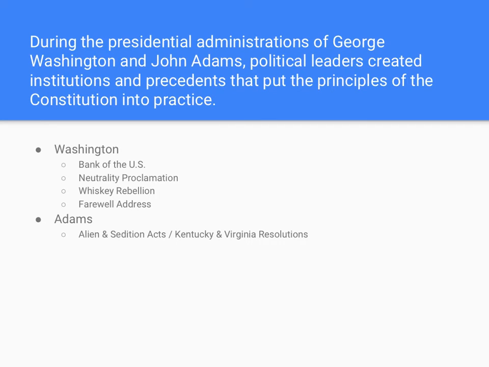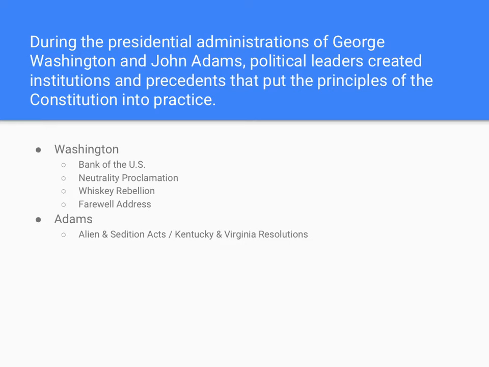Once the Constitution was ratified, that didn't mean that the conflict was ended and everybody was satisfied with the document. After the ratification of the Constitution, the conflicts that arise are conflicts over different interpretations of the Constitution.